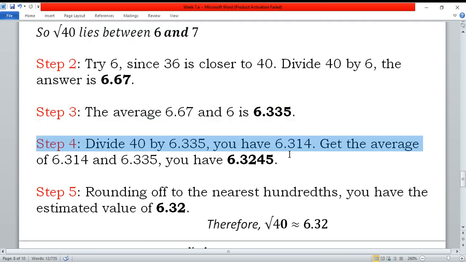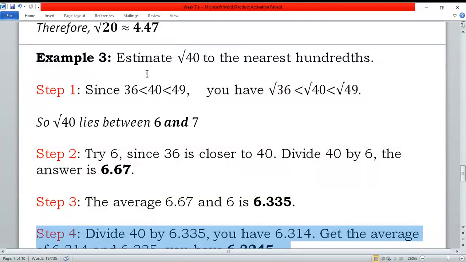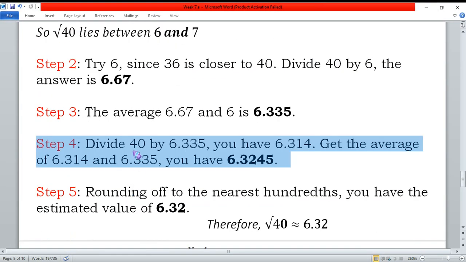And step 4, ulit, di-divide natin yung 40, yung given radicand. Lagi yan. Di-divide natin. This time, ang divisor naman niya, yung result ng average ng nasa step 3. So, that's 6.335 thousandths. Makukuha natin ay 6.314.